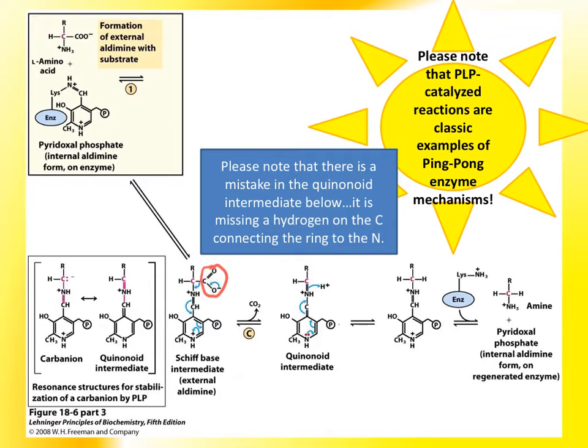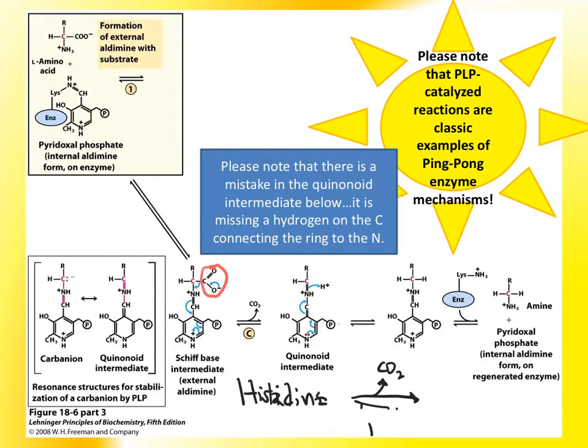decarboxylation reactions. An example of this, one that has medical implications, is histidine. Oops, I can't spell histidine. What is histidine if it loses its carboxylic acid? Technically, it is reversible.